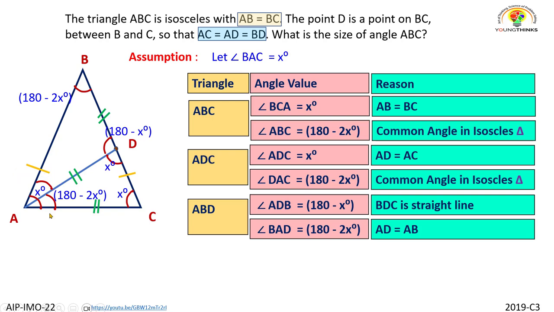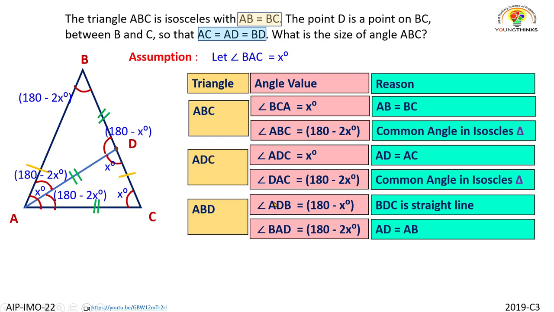How do we get 180 minus 2x? From the fact that BAD is an isosceles triangle, whatever the value here is also going to be the value here. So angle ABD is the same as angle BAD, both being 180 minus 2x.